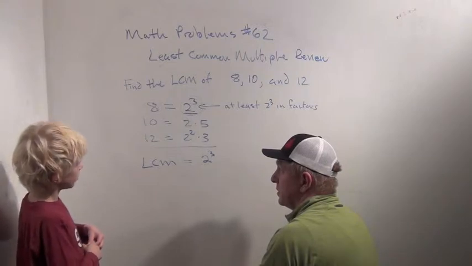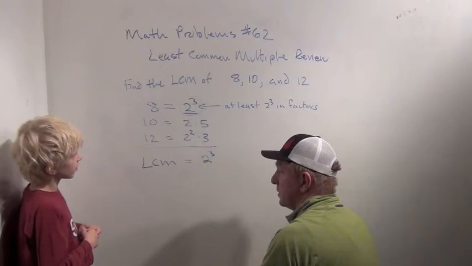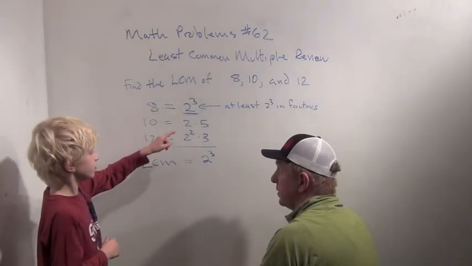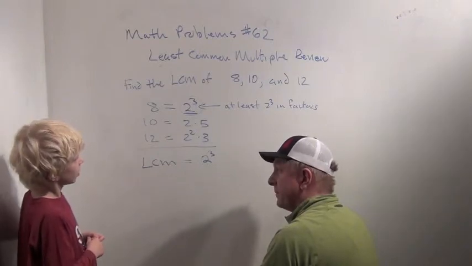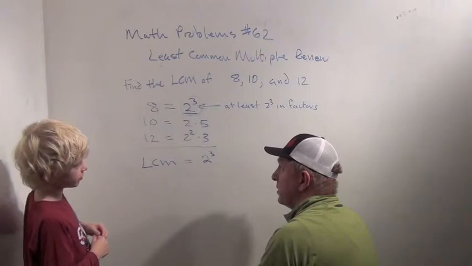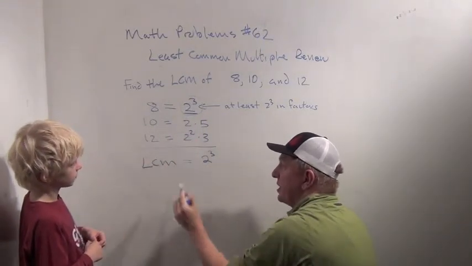Well, you're going to be short 2 2's if you only take what 10 has, because 10 has only 1 2 and 8 has 3 2's. So how many 2's does every multiple of 10 need at least?